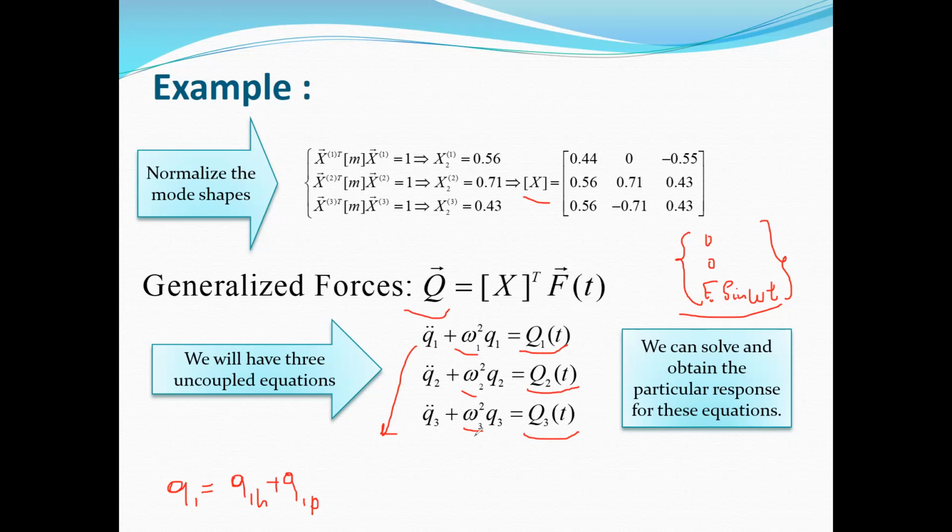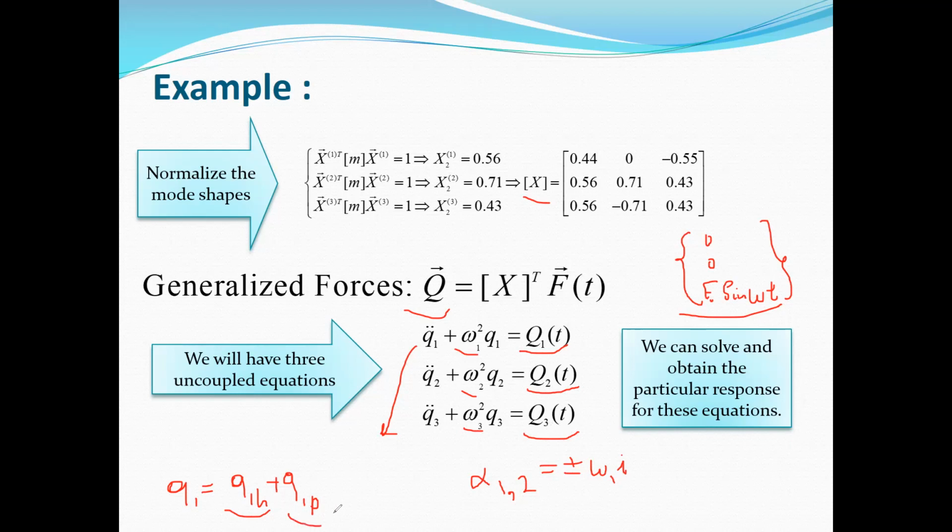If you solve the characteristic equations, alpha 1 and alpha 2 are equal to plus minus omega 1 i. So you can find the homogeneous response q1h, which is C1 sine omega 1t plus C2 cosine omega 1t.